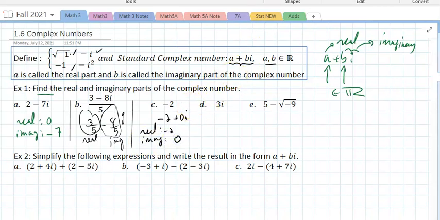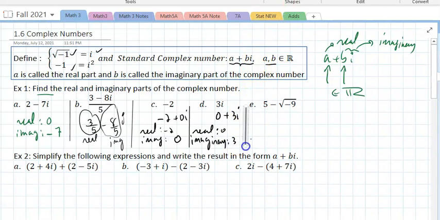And similarly, by glancing at D, you could think of that as 0 plus 3i because 0 is a real number. So real will be 0, and the imaginary part, let's stick with the book, imaginary, would be the 3.